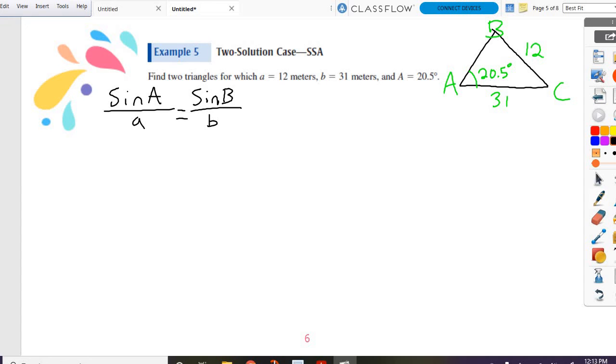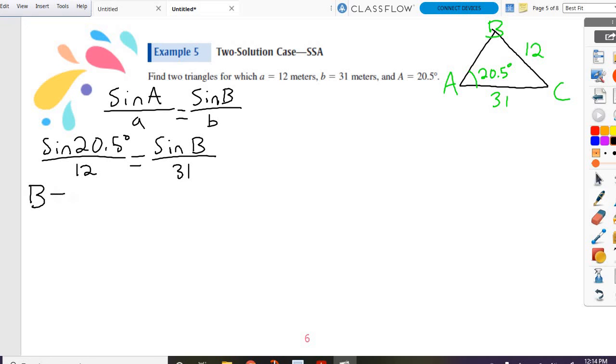So plugging in our information, we have sine of 20.5 degrees divided by 12 equals, we don't know what big B is, divided by 31. So then what would we have to do to solve for big B? Agreed. And then take sine inverse of both sides.